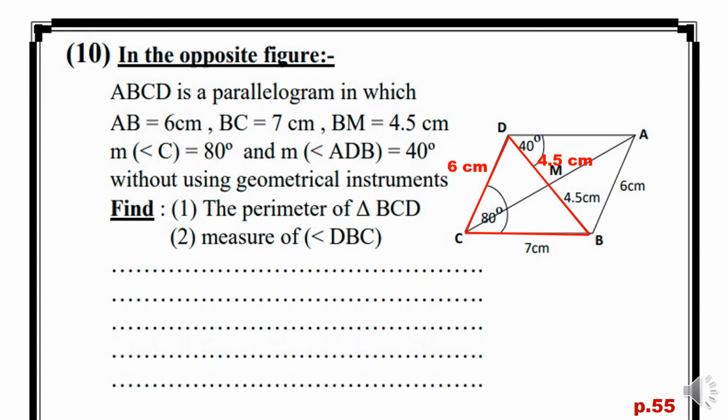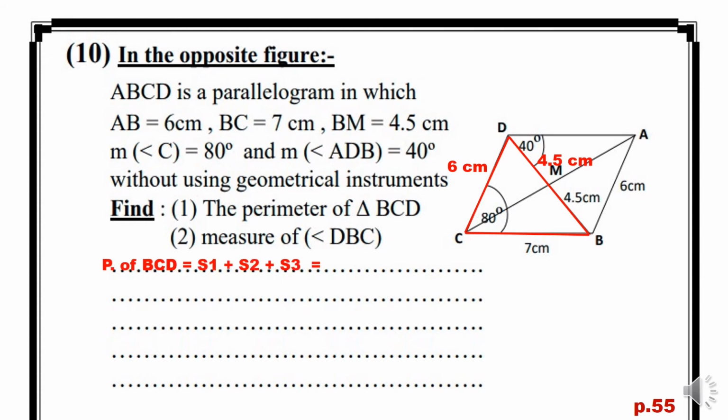And I have DM equal to BM, equal to 4.5 cm, as the diagonals of the parallelogram bisect each other. So DB is equal to 4.5 plus 4.5.